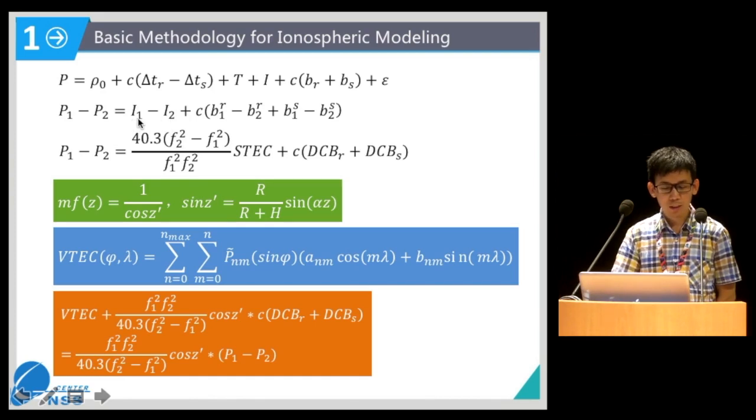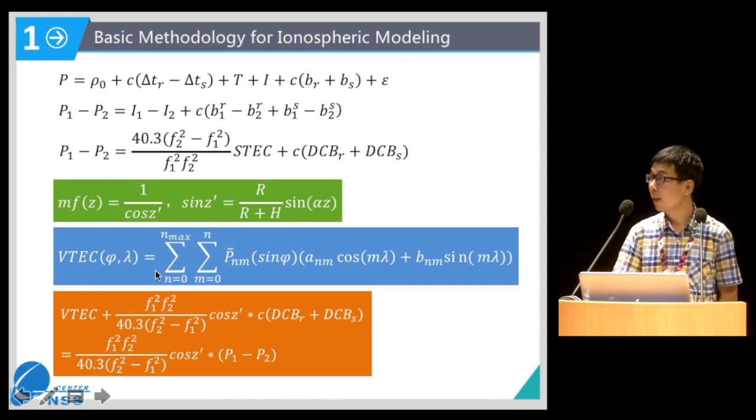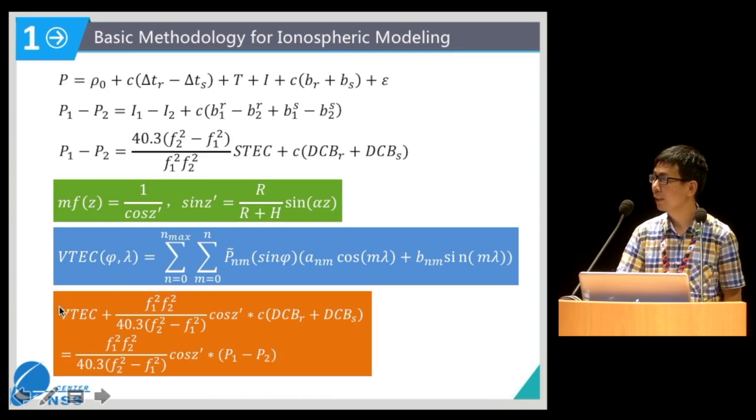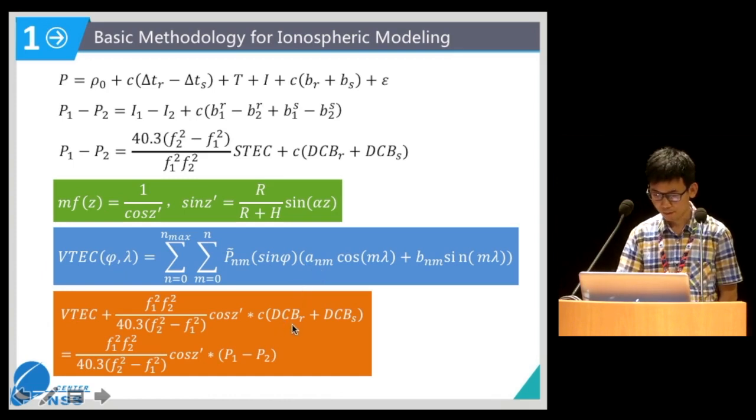We use this mapping function to convert the STEC to the vertical TEC, and use spherical harmonic functions to describe the global variation of the VTEC. By combining these two equations, we can estimate the coefficients here and the DCB parameters using the geometry-free combination.